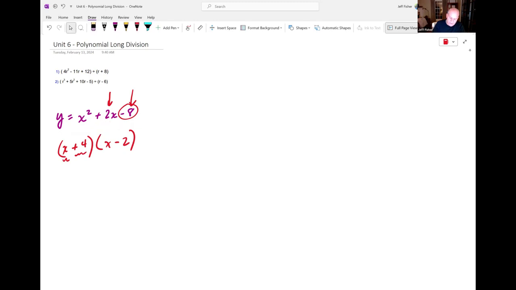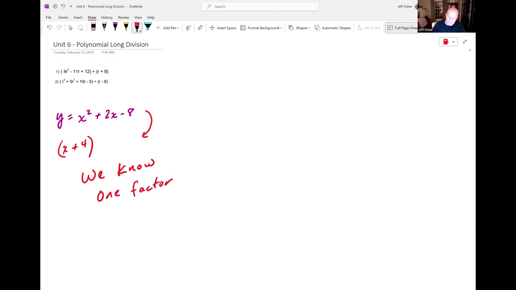We know that the factored version of this polynomial is this. But what if we didn't know that? What if we only know one factor but don't know the others?